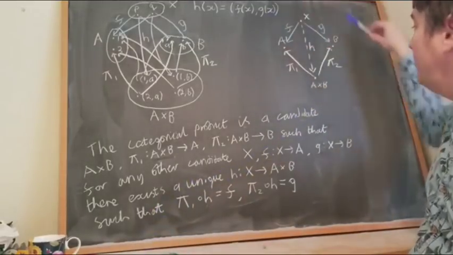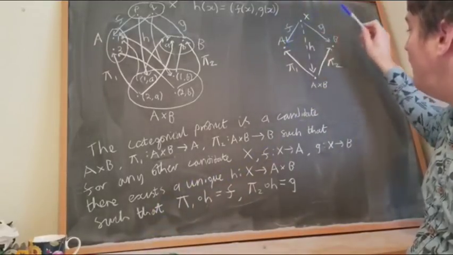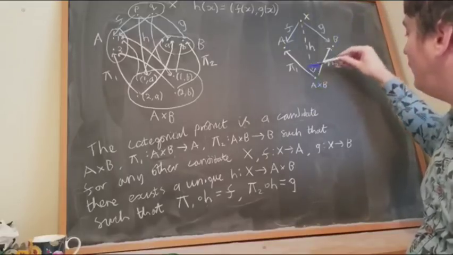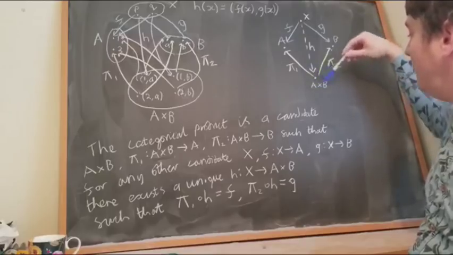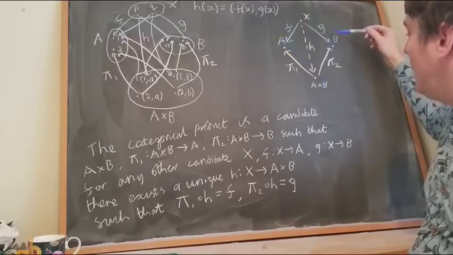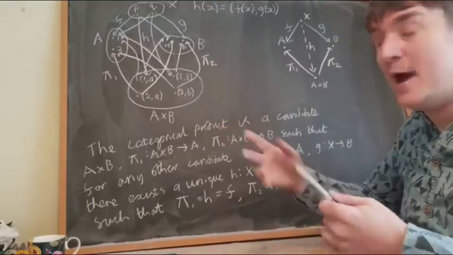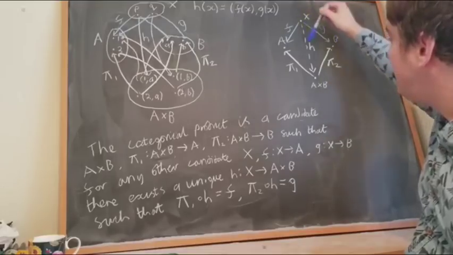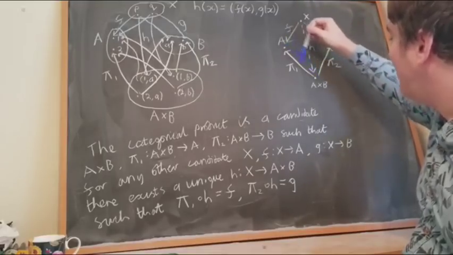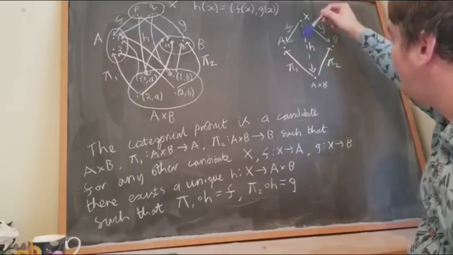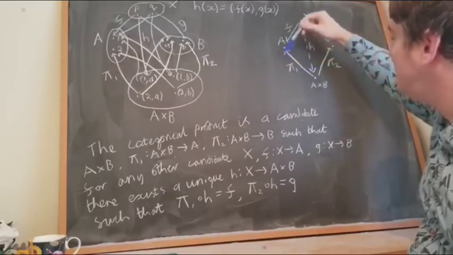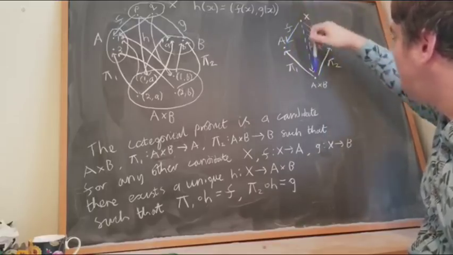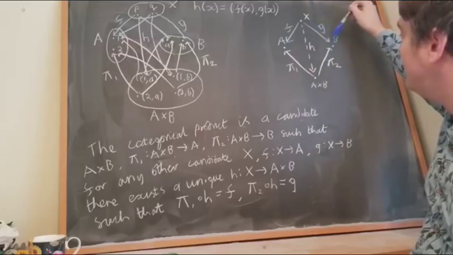In a general category, if we have a pair of objects, then a categorical product is going to be an object which has an arrow into each of them, and it has the property that for any other object with an arrow into each of them, there's going to be a unique arrow which makes this diagram commute, in the sense that these paths, like along here and here, this composition gives the same as this, and this composition here, pi2 after h, like this, gives the same as g, okay?